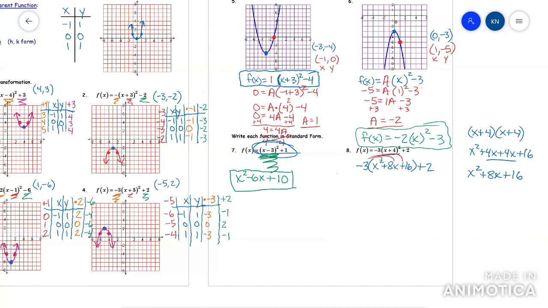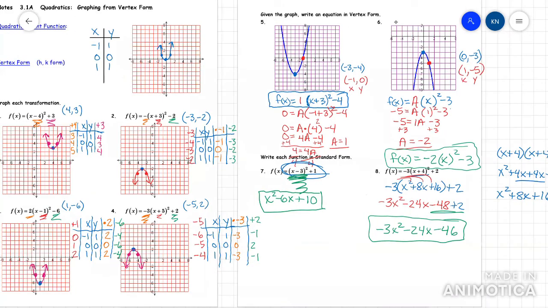So it's going to look like this: -3x squared minus 24x minus 48, and then that +2 at the end. Now just go and combine your like terms here at the end to get your answer. So my answer here would be -3x squared minus 24x minus 46, like that.